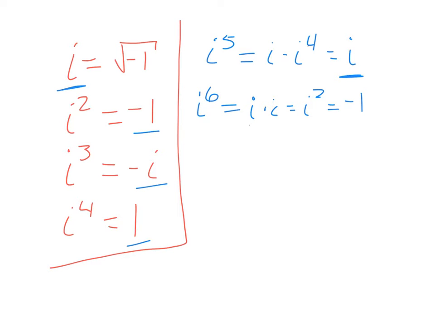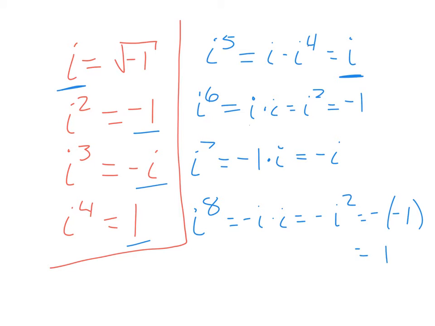Okay, and then we multiply by another i, and so we're at i to the 7th, and that's really -1 times another i, which is -i. And then we take i to the 7th and multiply by another i, we get i to the 8th, but that's really -i times i, which is -i squared, but we decided i squared is -1, so then it's 1. Oh, I'm sorry, yeah, it's 1. Sorry.